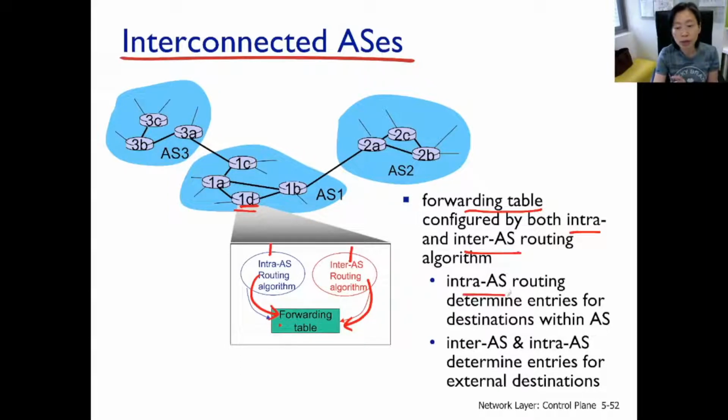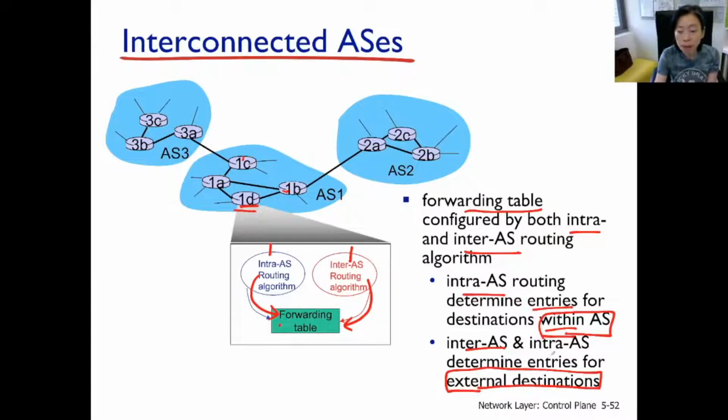The intra-AS routing determines the entries for destinations within the AS. And inter-AS determines the entries for the external destinations. To be precise, the inter-AS determines which gateway router you should be passing the data to.